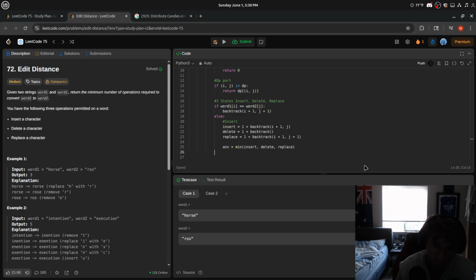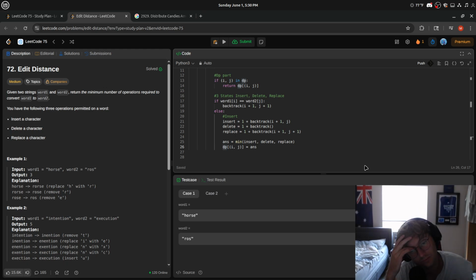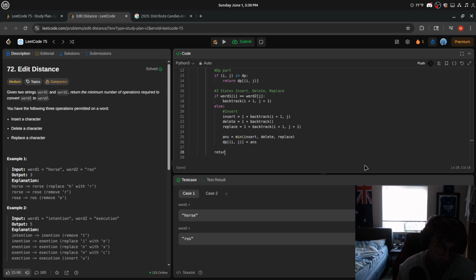And we would do dp[i][j] is equal to ans. Probably return ans.